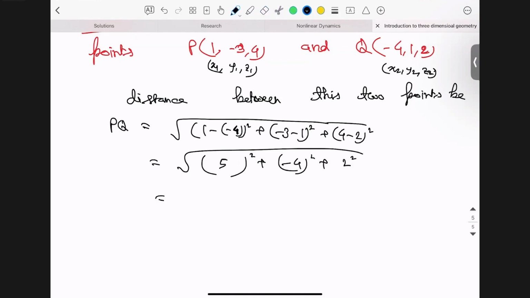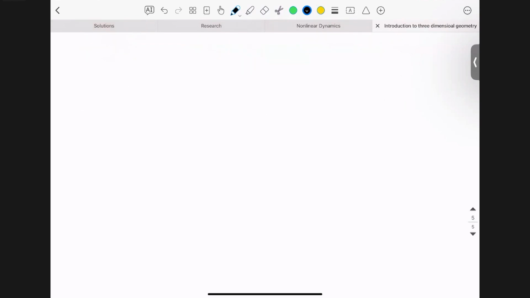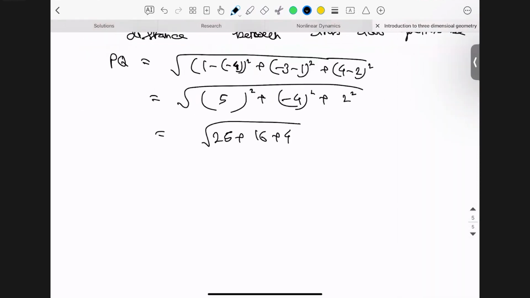So ultimately we get the square root of 9 plus 16 plus 4, which gives the square root of 29 units.